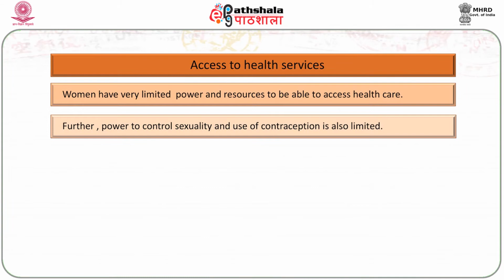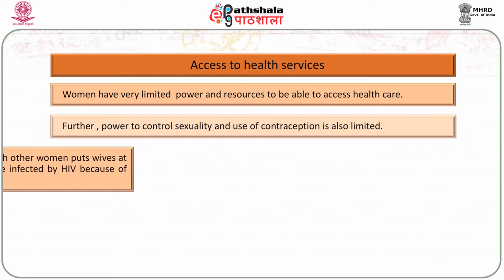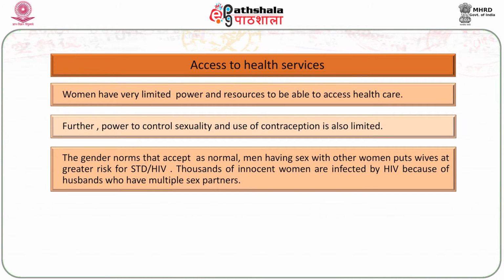Further, the power to control sexuality and, very important and significant, the use of contraception is also limited, many times completely denied to women. The gender norms that accept as normal men having sex with other women puts their wives at greater risks for STD and HIV.